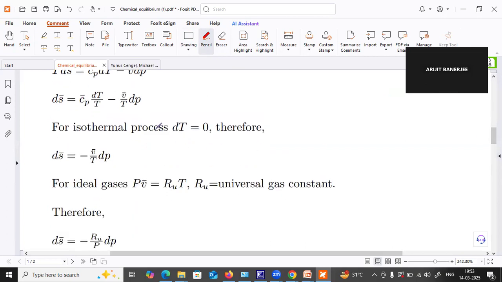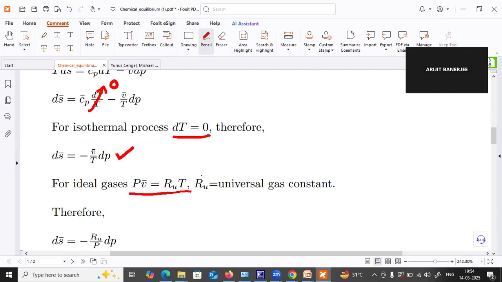Next, for an isothermal process, because we want to specify the temperature, that means we are fixing the temperature, therefore dT is equal to 0. Therefore, we can nullify this term. It will become only ds is equal to minus V by T into dP. Next, for ideal gas, we know that P V bar is equal to RU T, where RU is the universal gas constant.